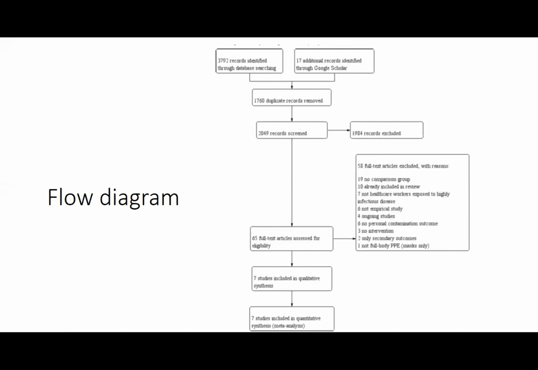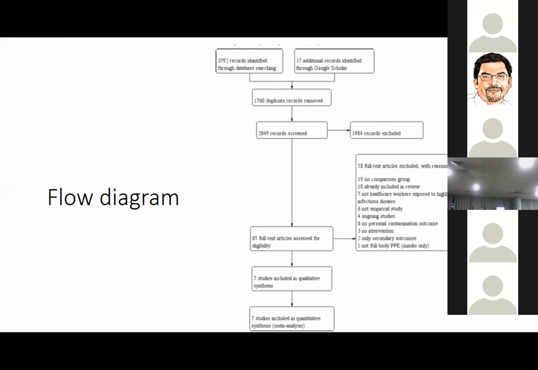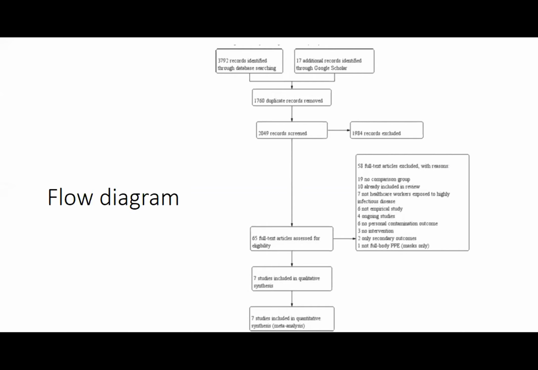But in essence, in this flow diagram from the top, one would describe how many records did you find, how many records did you remove after checking for duplication, and you often find duplication when you search multiple databases. Then when you screen studies against your selection criteria, you will remove quite a lot. And then you ultimately end up with a certain number of studies that are included.